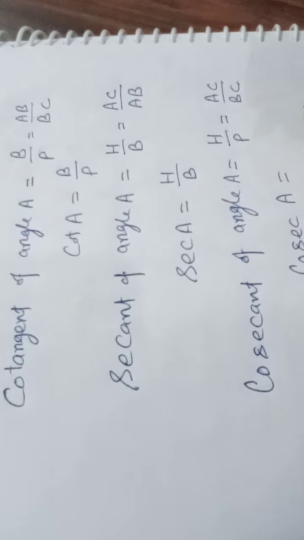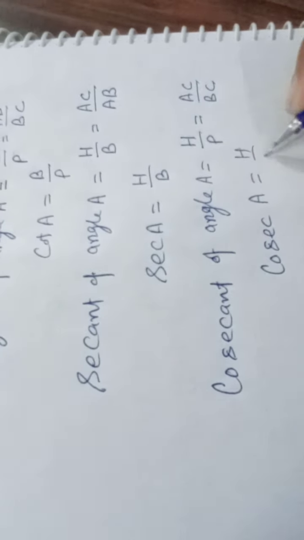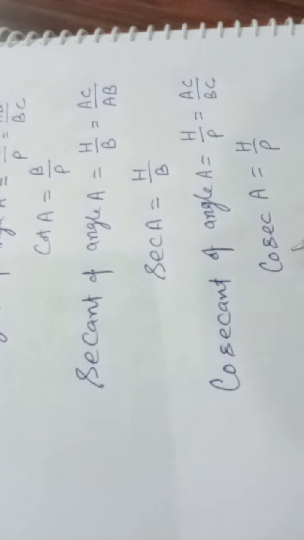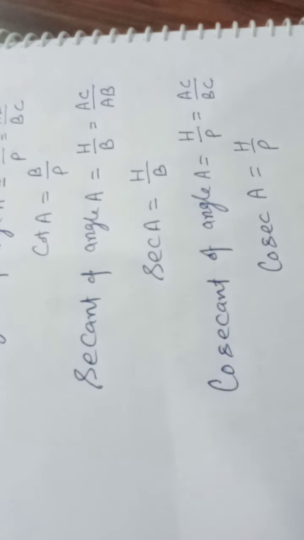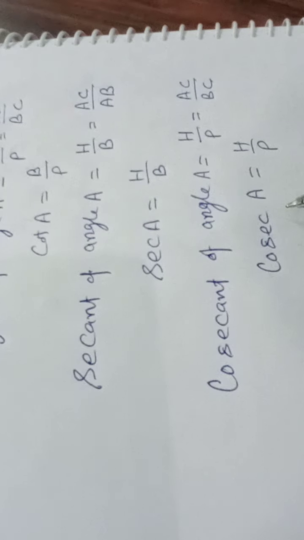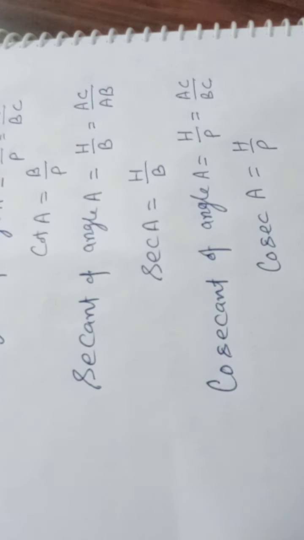Cosec A is equal to H by P. And see, in this name, I have taken first three initials, and all other five trigonometric ratios, we have considered only first three letters. But in this case, we have considered five letters. Why? Because there should not be confusion between cos and cosec. Cosec is the acronym of cosecant, and cos is the acronym of cosine. So these are six trigonometric ratios.